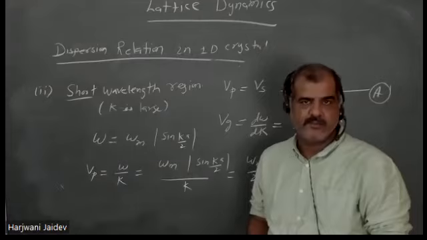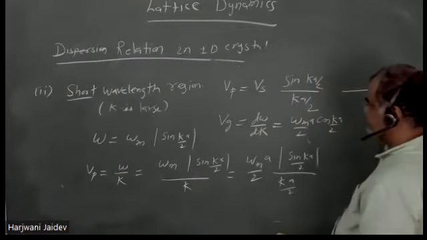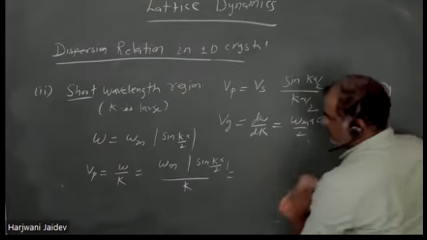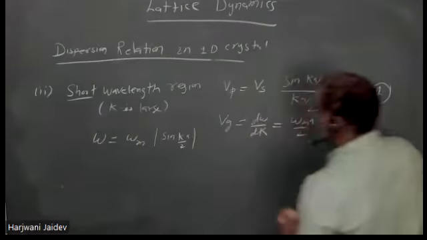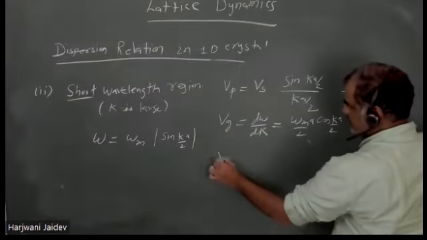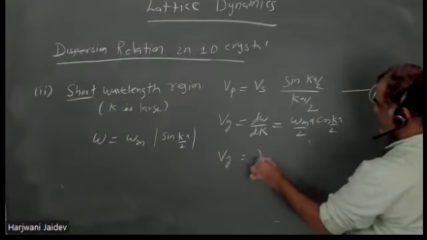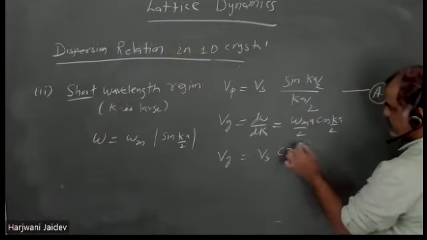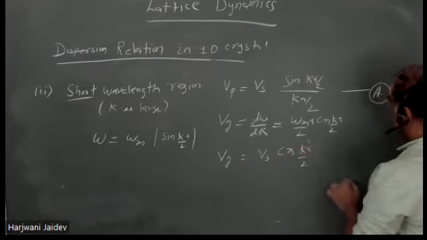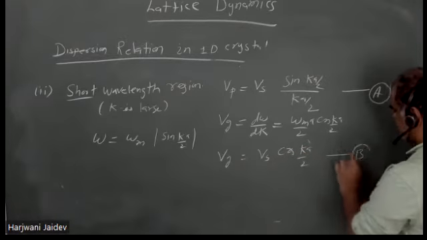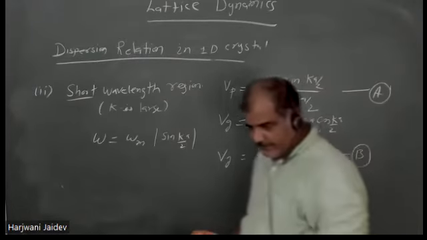Yes, sir. So I can write now my vg is equal to vs cos ka by 2. Is it correct? Expression सही है क्या ये?